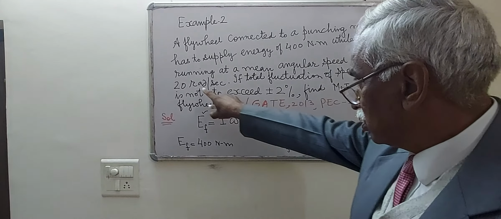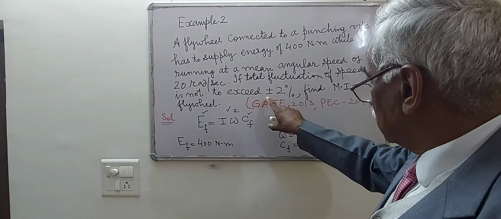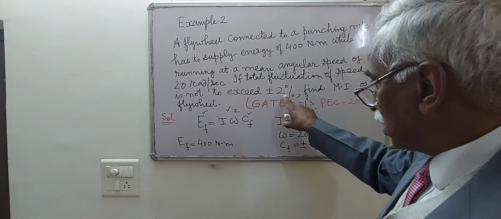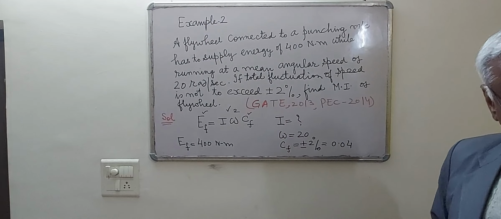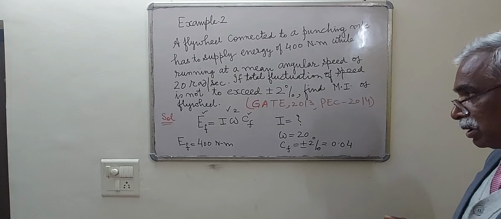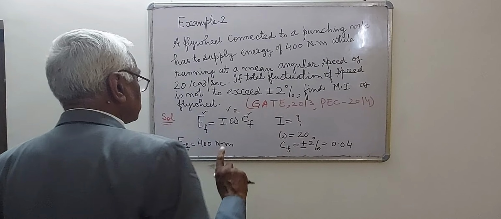Omega is 20 radian per second. CF, total fluctuation of speed, will be 2 times of this. Where there is a plus minus sign, you have to multiply it by 2. Then it will be 4%. So CF is equal to 4%.